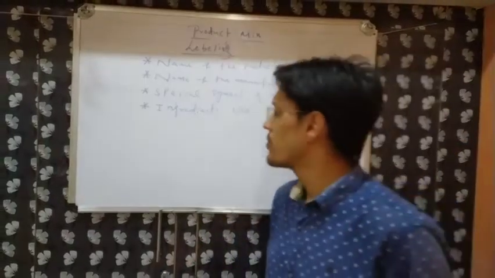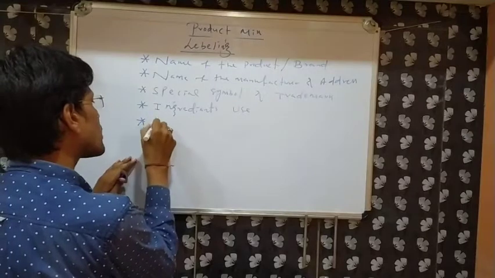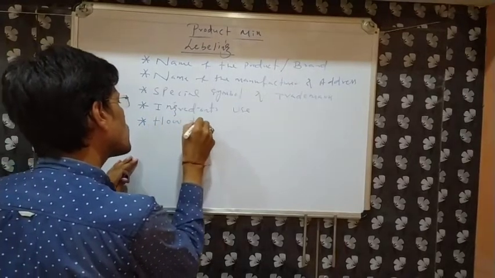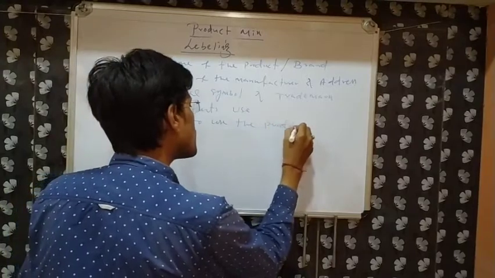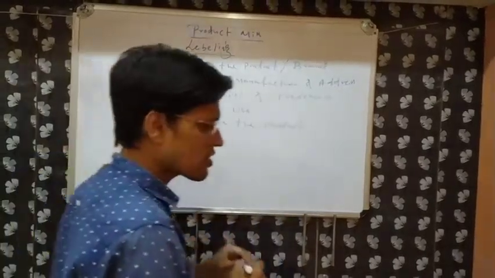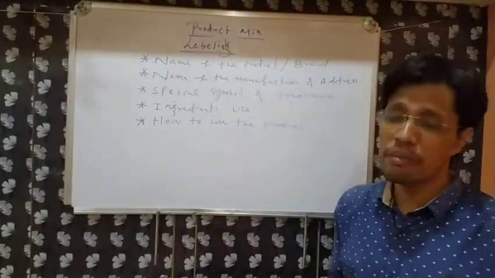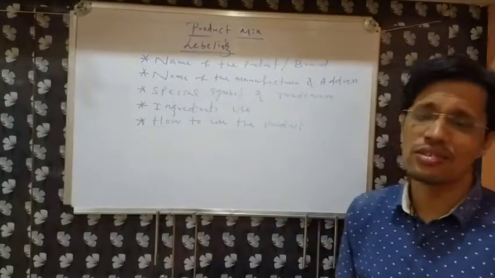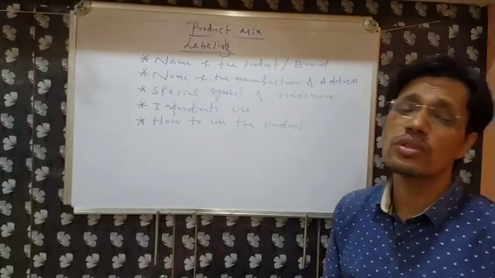Fine. Then, how to use the product. It is also a very essential part for every consumer to know. While labeling your product, it's highly essential to state how to use it.